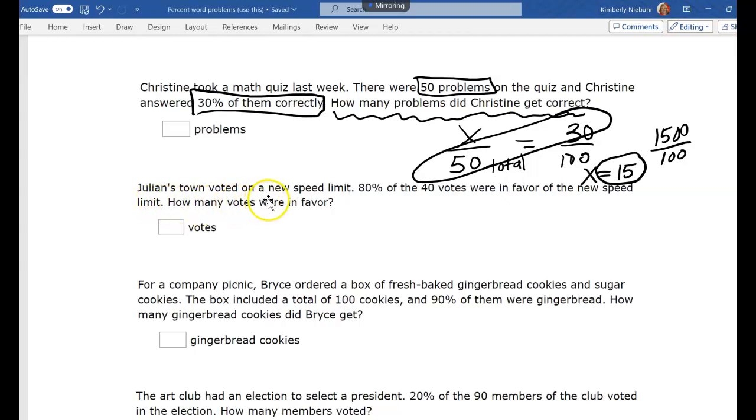Julian's town voted on a new speed limit. 80% of the 40 votes were in favor of the new speed limit. How many votes were in favor? So 80% of the 40 votes. Of means to multiply most of the time. So I read that one to you.